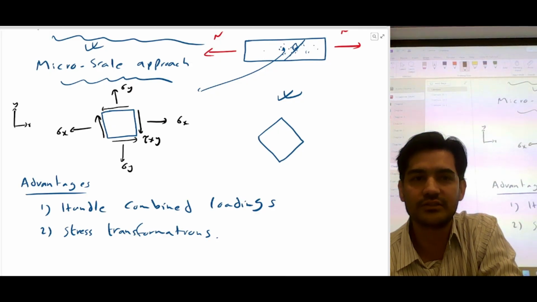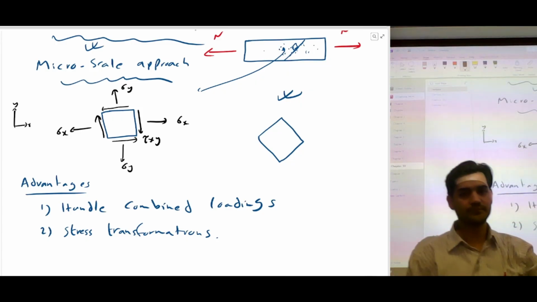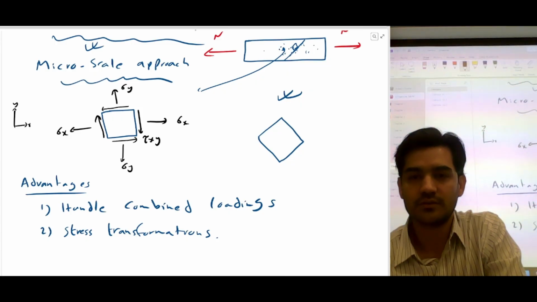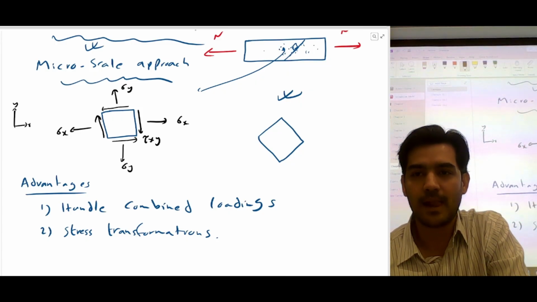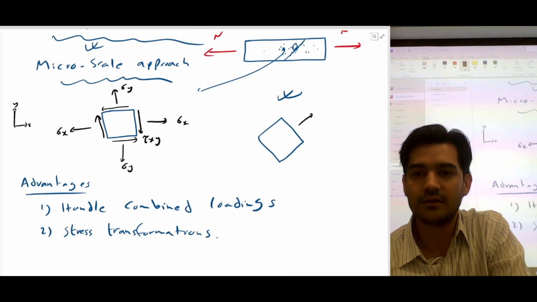So if you rotate the stress element, you're going to change the stresses. In this case, your stresses are going to be different. So this is going to be stress x prime. So when you rotate the stress element, your stresses change.